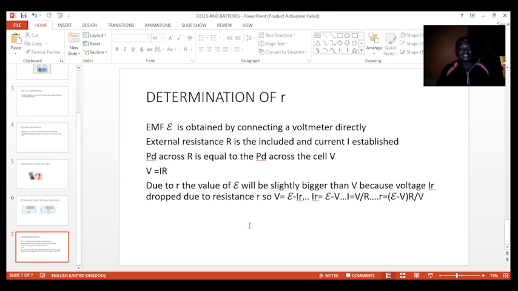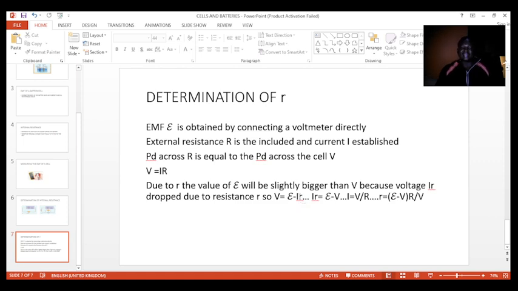This means that V, which is the potential difference after including the external load, is going to be given by the EMF of the battery minus the voltage drop due to the internal resistance. And the voltage drop due to the internal resistance is going to be given by the current which has been established after connecting the external resistance, I, multiplied by the internal resistance r.